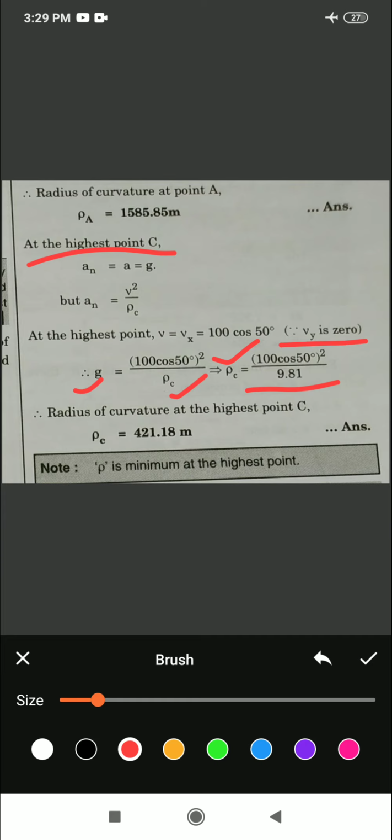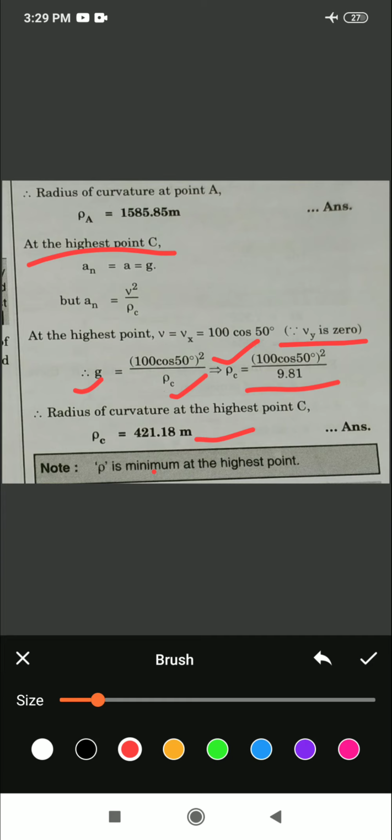By solving this equation in the calculator, we get the radius of curvature at the highest point C as rho C equals 421.18 meter.